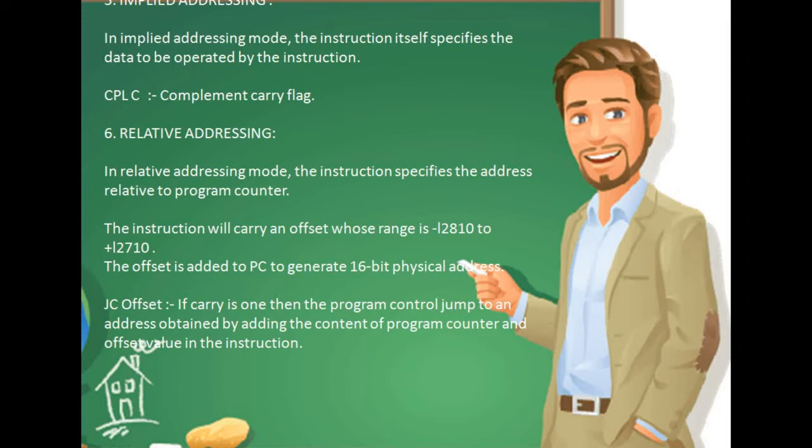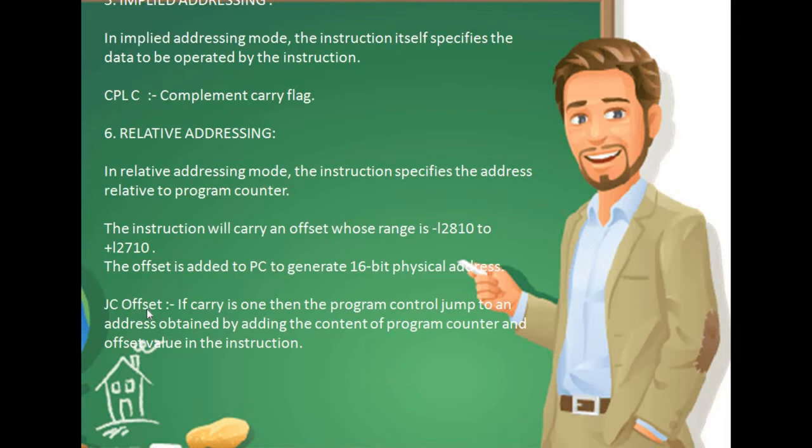So the instruction will carry an offset whose range is between -128 and +127. This offset is added to the program counter to generate a 16-bit physical address.